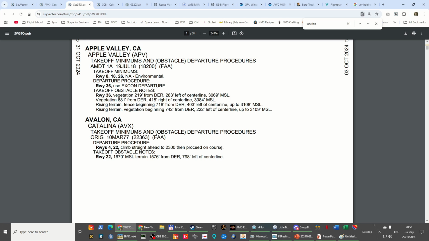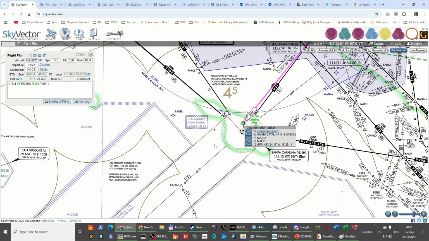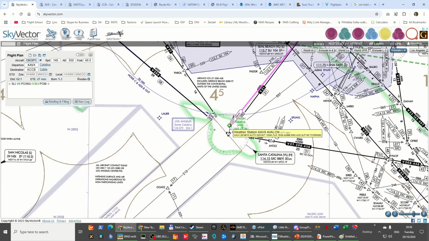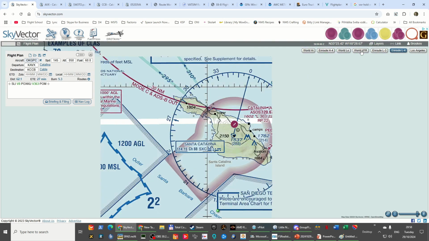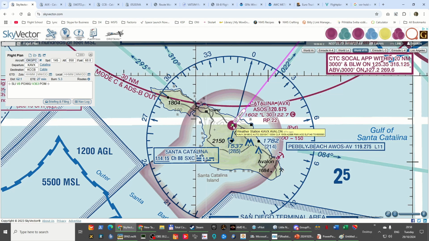Again, I don't get it. Too difficult for you, right? So just depart VOR. Again, the reason is quite obvious. We are in the middle of the island, and quite high, right? The elevation is 1600 feet.